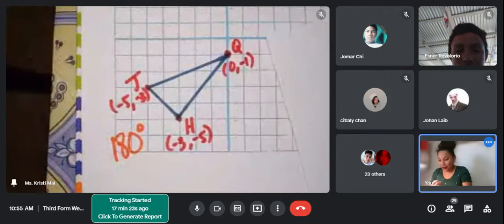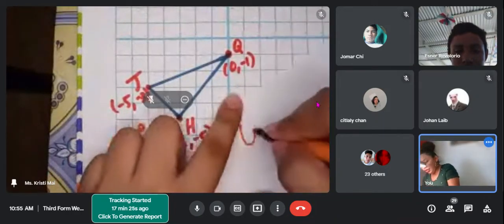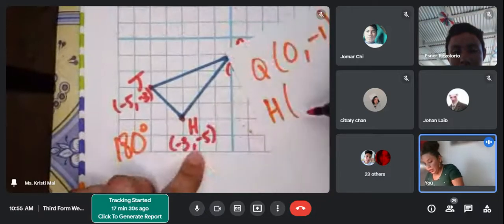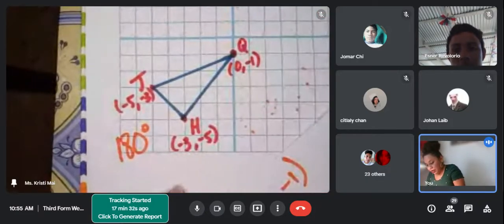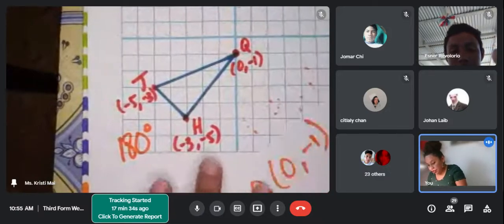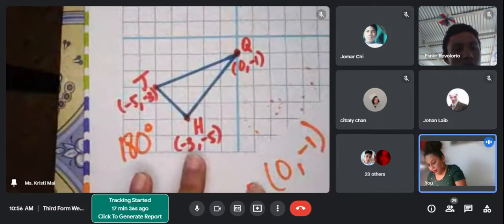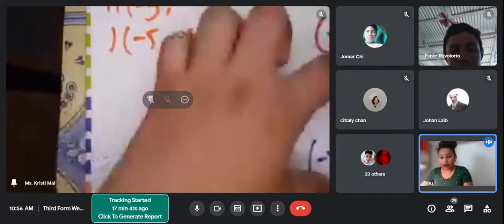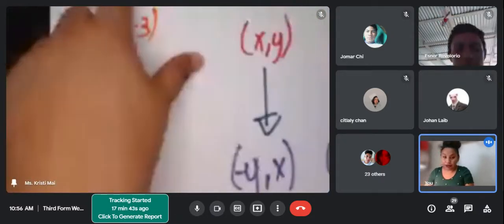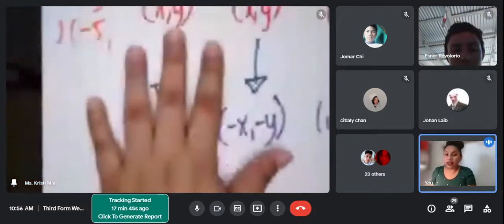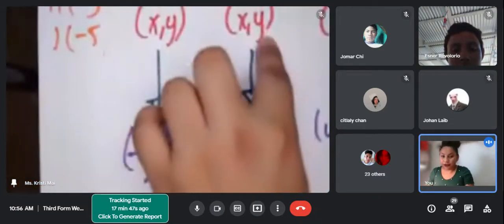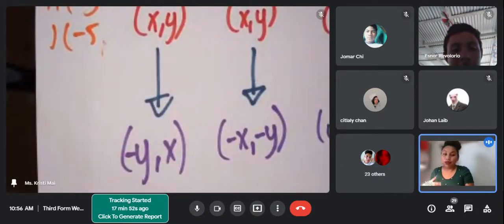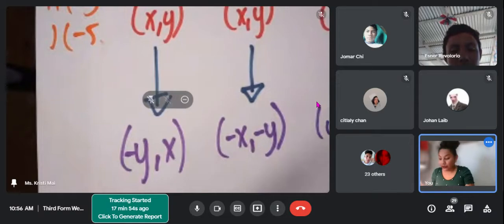So let me write the points. The first point is Q, and Q is 0, -1. Then I have H, and H is -3, -5. And then I have J, and J is -5, -3. Right? So now I'm going to use this right here, and I'm going to write my new point. So what this is saying is that if this is xy, my new points are going to be the same numbers, xy, but now the sign is going to change, right?